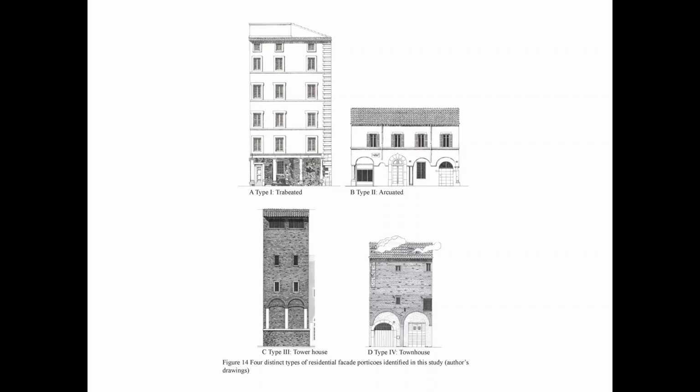There was the arcuated type, a tower house type, and the most recent, or the youngest of them, being constructed into the 15th century, was the townhouse type. And I almost rented this apartment. And after doing this project, I'm really sad that I didn't, because then I would have known what it was like inside. But there were 4 distinct types that came out from this study, and they were very well organized.